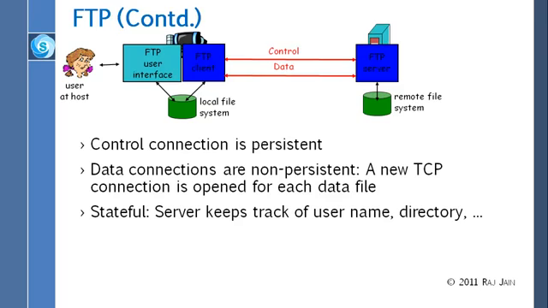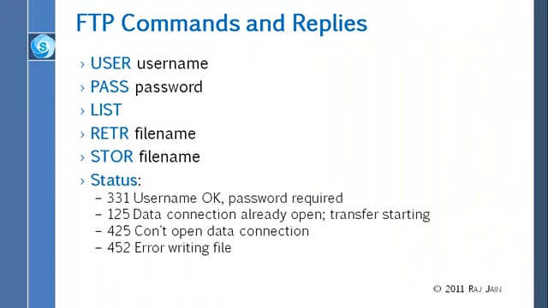Okay? And the commands for FTP are, as usual, user, username, password, list. List is simply a command which lists the files in a directory. Then we have retrieve file name, store file name, status, and then the status numbers. They may not be similar to HTTP.